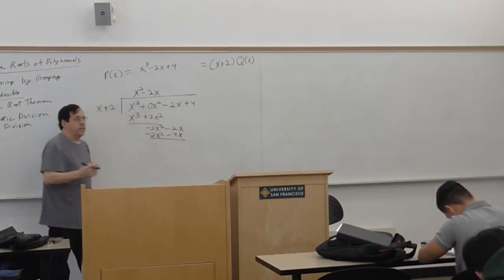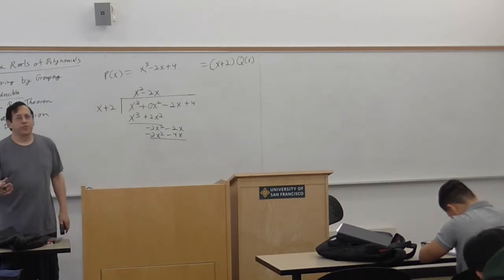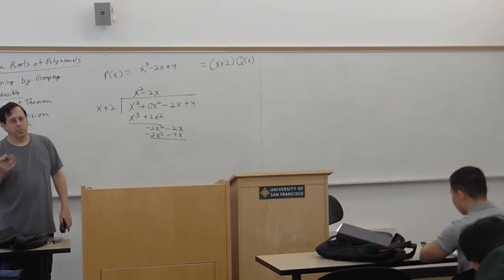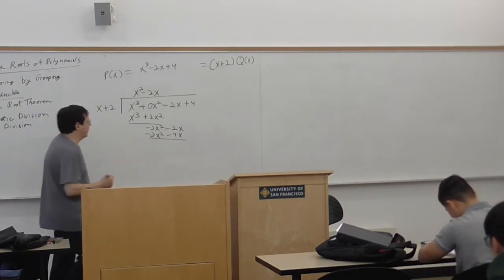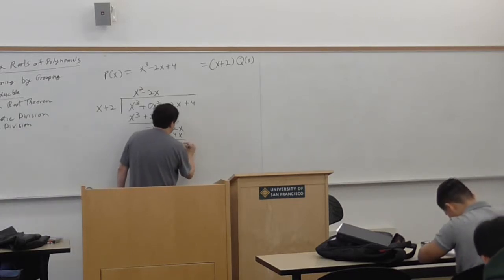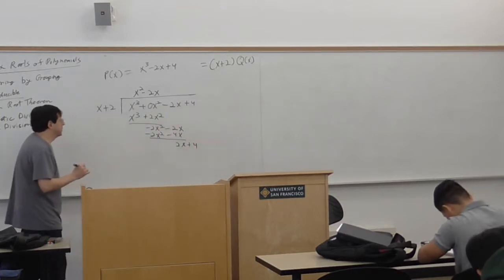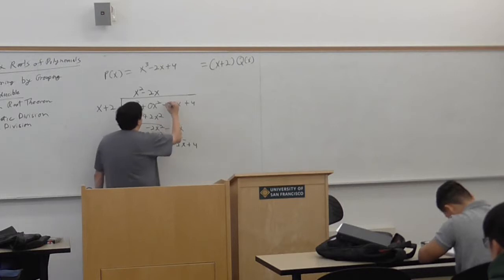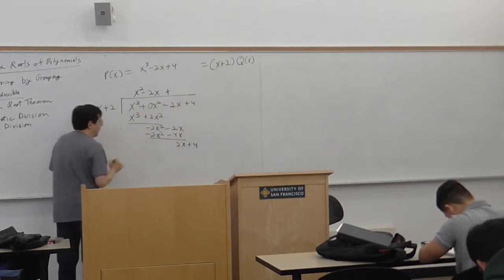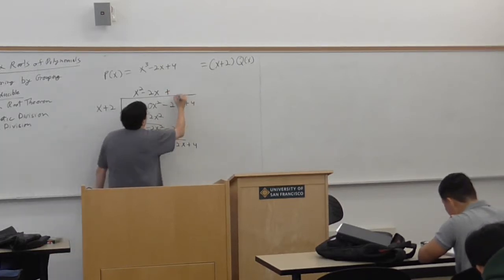Subtracting, minus 2 minus a minus 4 is 2x. Some people have trouble with that. Okay, one more.